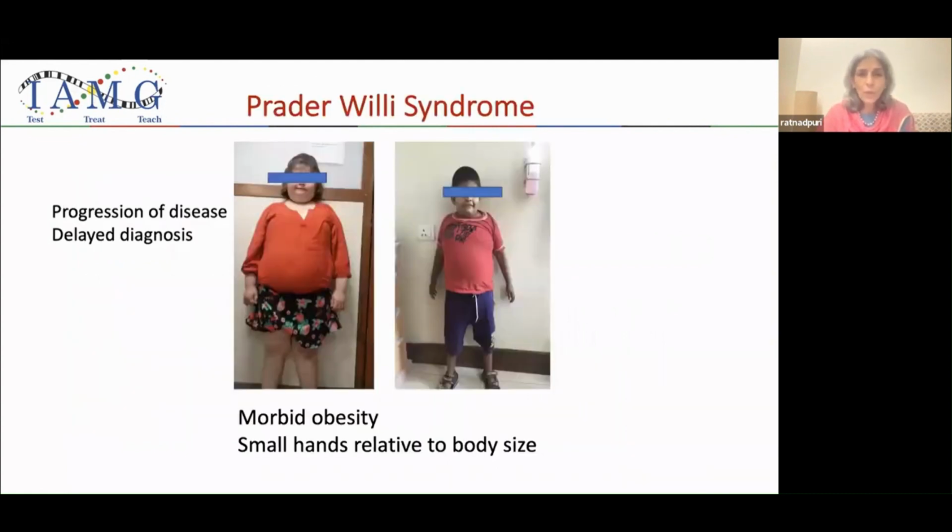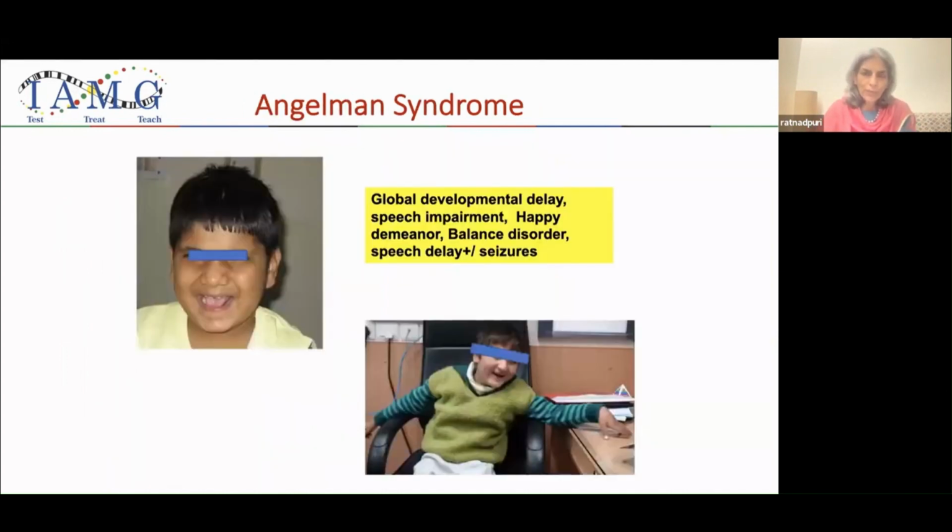At this stage, when they grow up with a typical morbid obesity, the small hands relative to the size, the facial dysmorphism, there's already been progression of disease, and this is really a delayed diagnosis. But this is the typical follow-up of children with Prader-Willi syndrome.